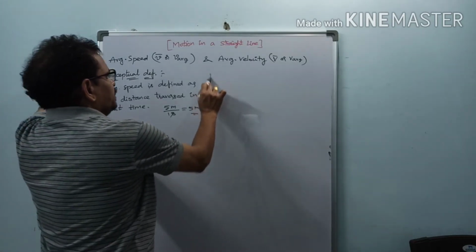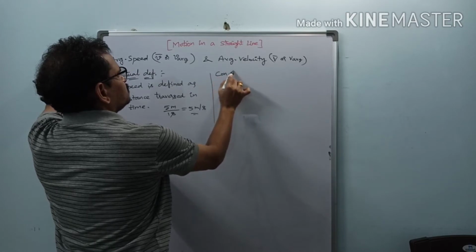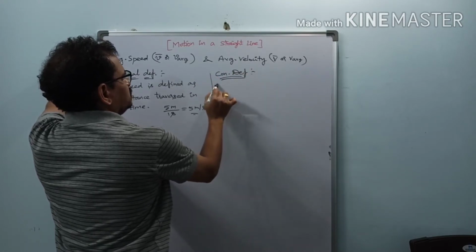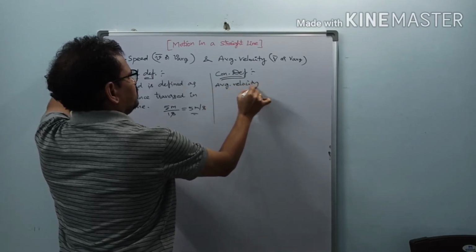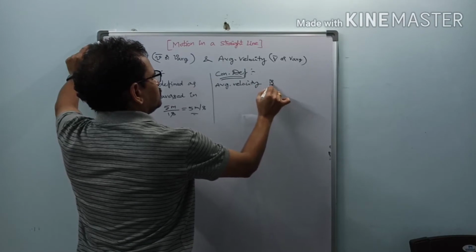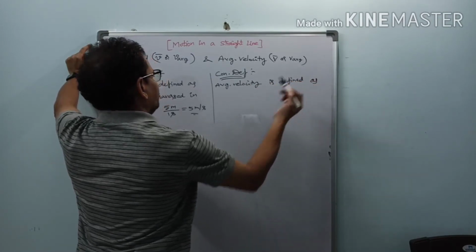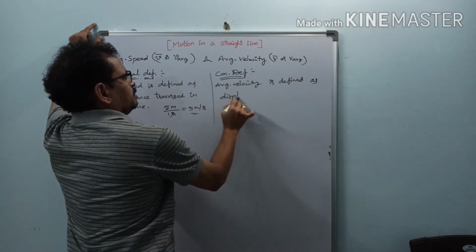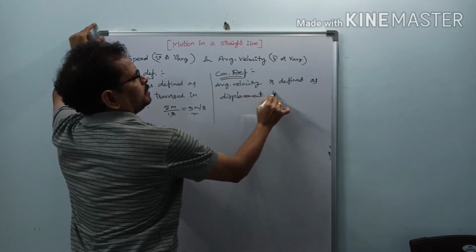Now what is the average velocity? That is the conceptual definition for average velocity. Average velocity is defined as displacement in unit time.